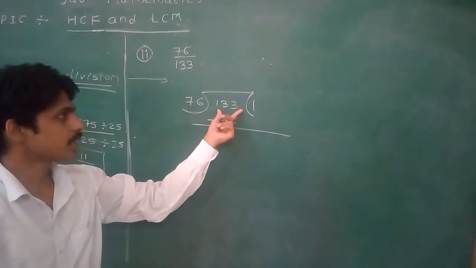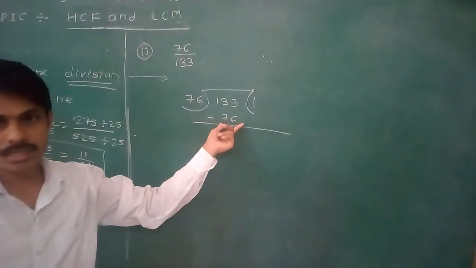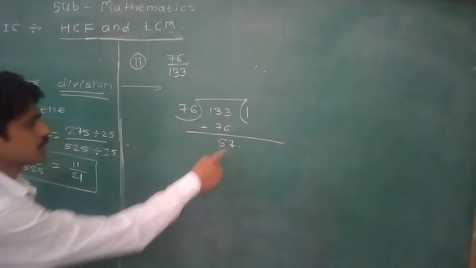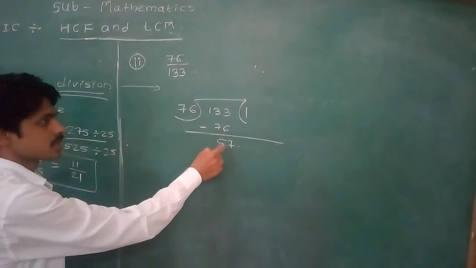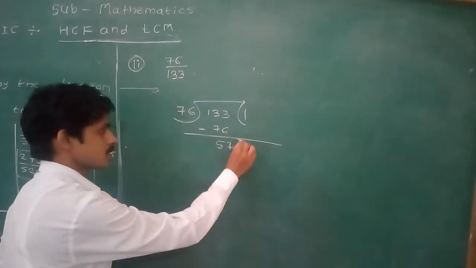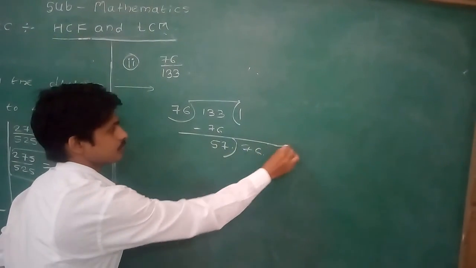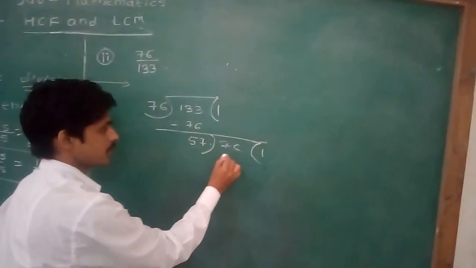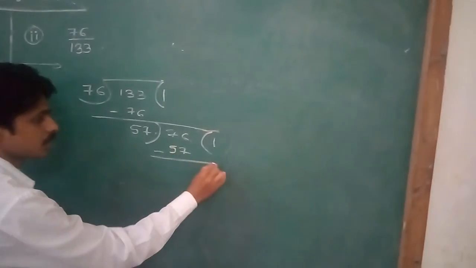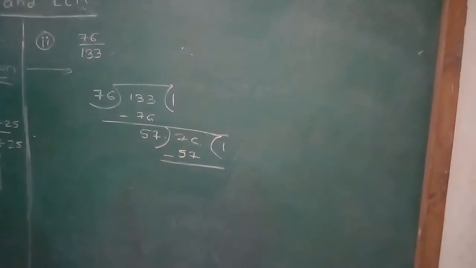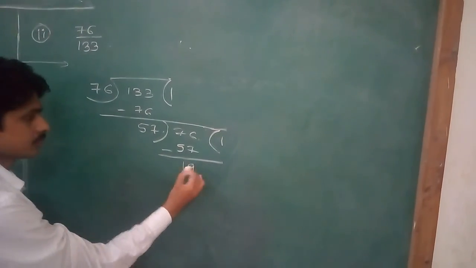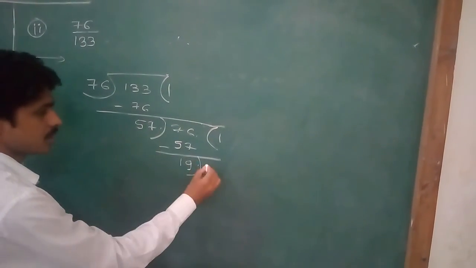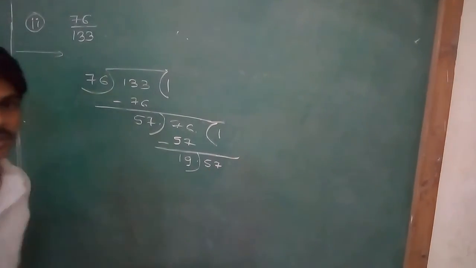In these two numbers, the smaller number is 57 and the bigger number is 76. By dividing 76 by 57 we get quotient 1 and 57. By subtracting we get 19. In these two numbers, the bigger number is 57, so write here 57.